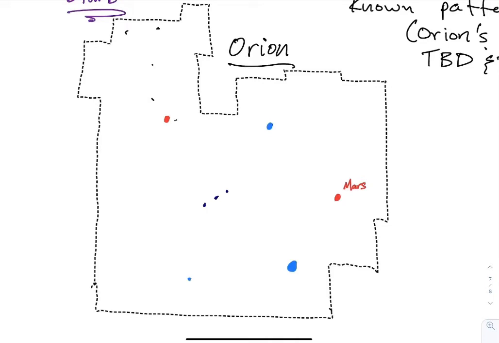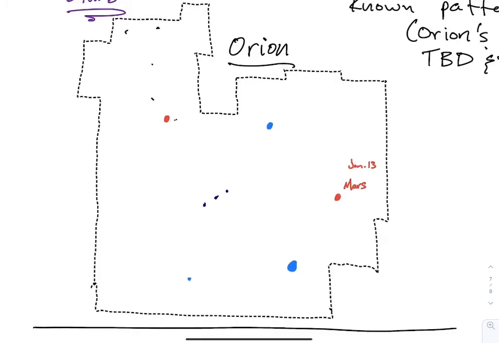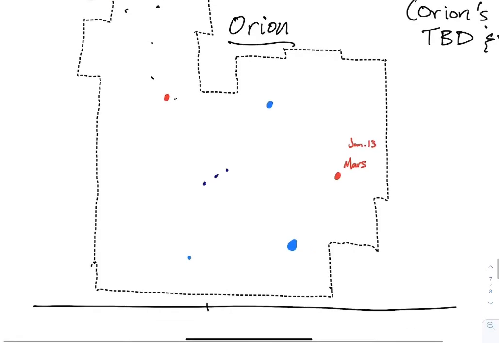So I'm just going to put some random date that we might see Mars. I could also note that if we are looking at Orion like this, then we would be looking in the southern sky. And so this would be the western sky, and this would be the eastern sky.